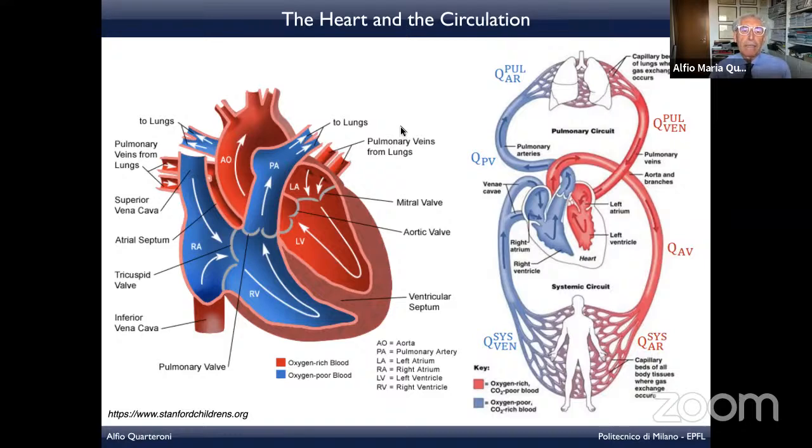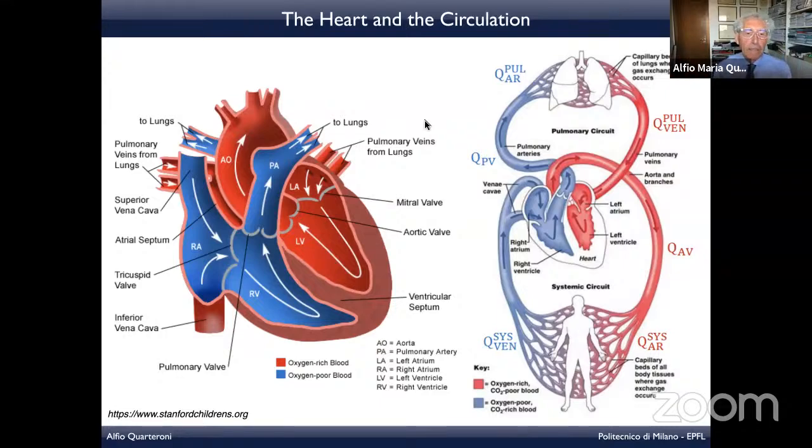The oxygenated blood returns to the heart through 4 veins, which are called pulmonary veins. It enters the left atrium, and through this mitral valve, it enters the left ventricle, which is, let's say, the most important chamber, because it's the one that when it contracts, it ejects blood into the ascending aorta and through the aorta to the rest of the circulation.